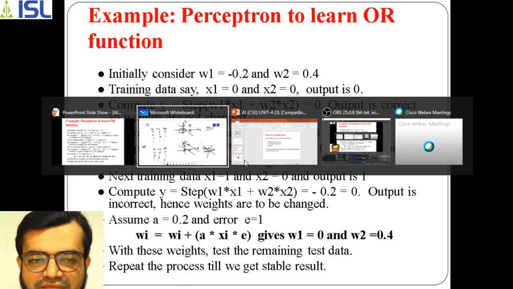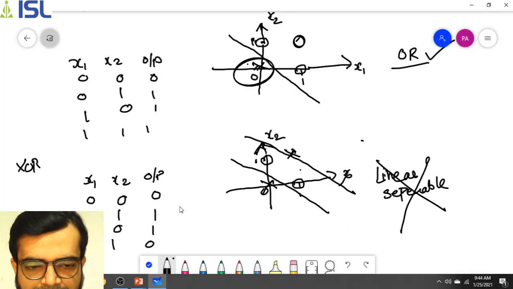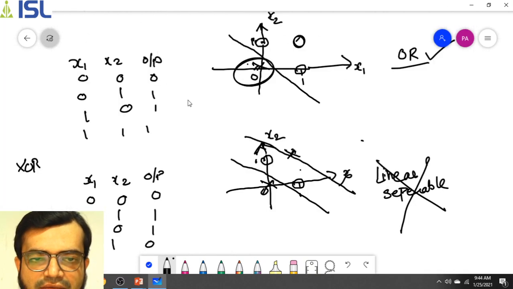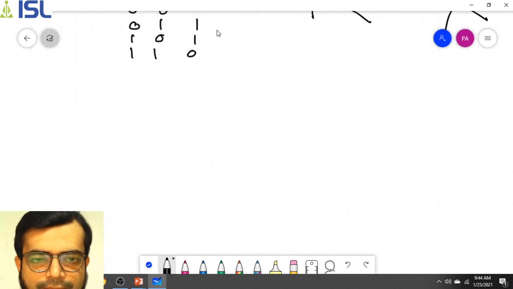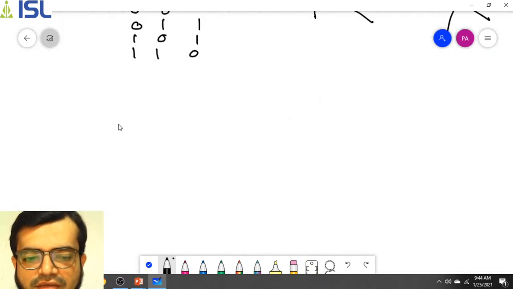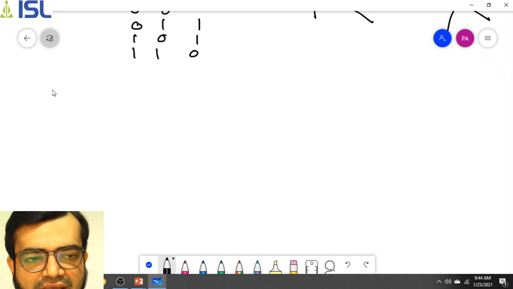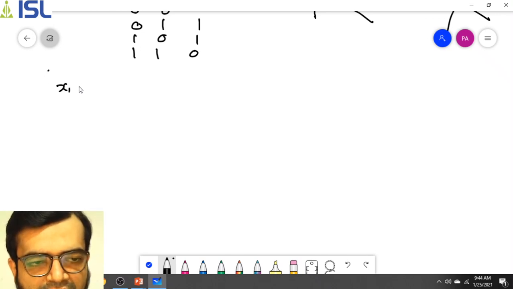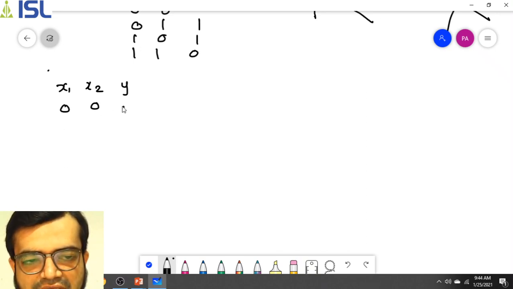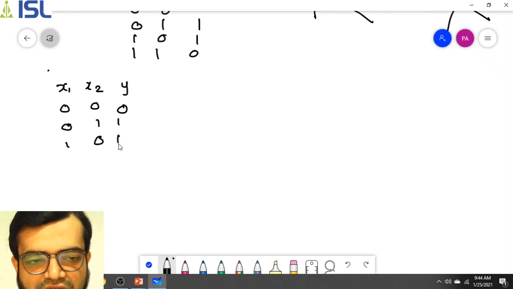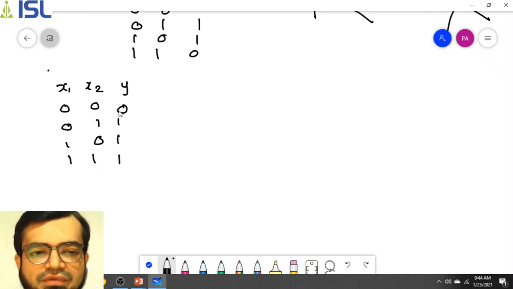Here we are taking x1, x2 and y. For OR, 0 0 gives 0, 0 1 gives 1, 1 0 gives 1, and 1 1 gives 1. Apart from 0 0, all are ones.